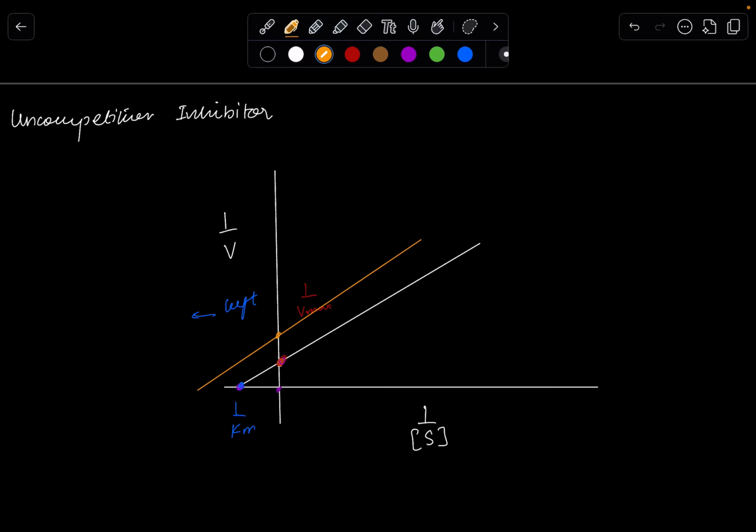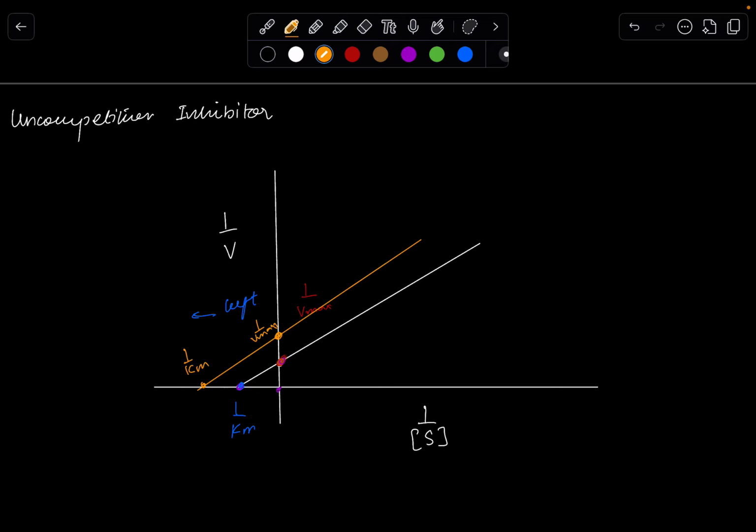My Vmax has decreased and my Km has also decreased. Correct?